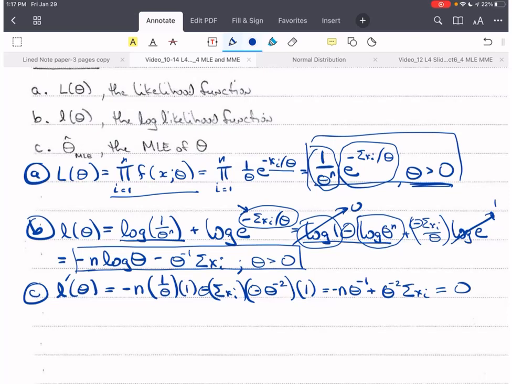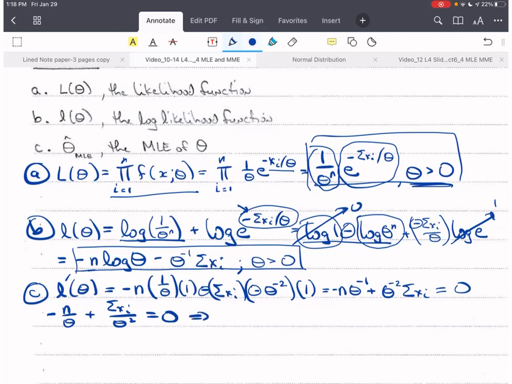All right. So by setting this equal to 0, I want to get theta by itself. I could write this as negative n over theta plus sum of xi over theta squared equals 0. And I want to get theta in the numerator. The safest way to do this is to multiply by the largest exponent on both sides of the equation.